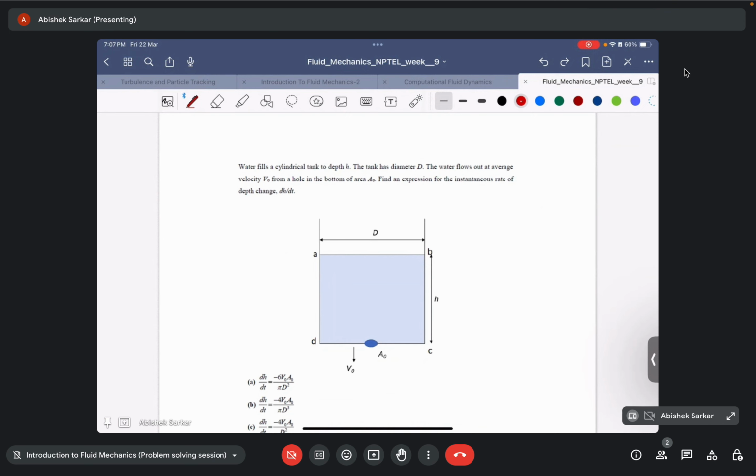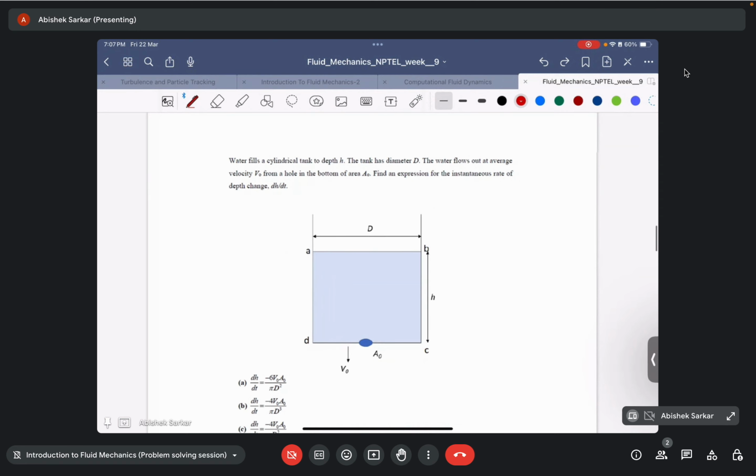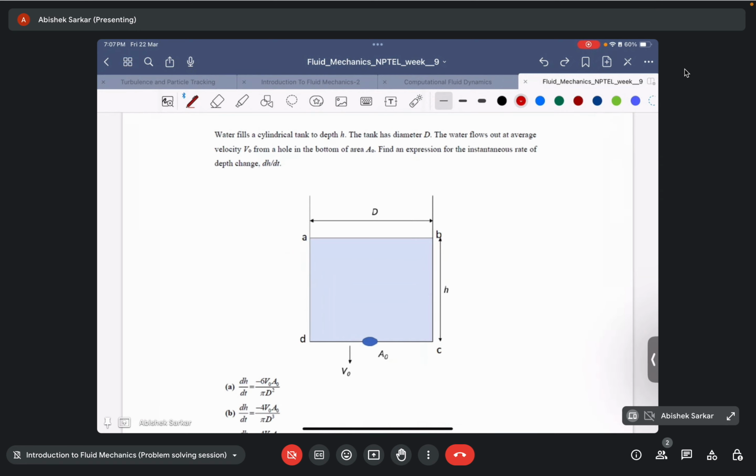Since the rate of change of mass comes into the picture, a correct approach would be to apply mass conservation. There is no discussion about net force acting on the tank because of the fluid leaving the hole, and they are only asking to find the rate of change of depth, so a simple application of mass conservation would help us find the rate of change of height of the fluid in the container.